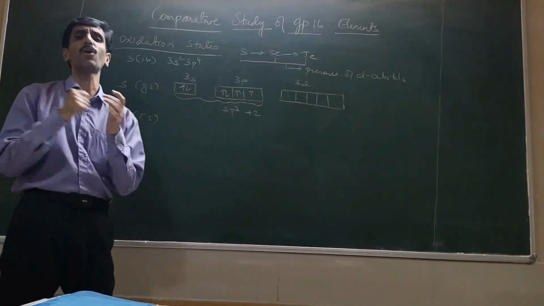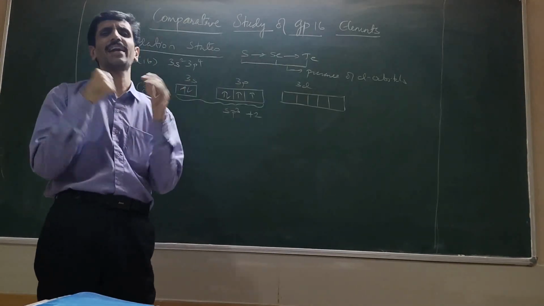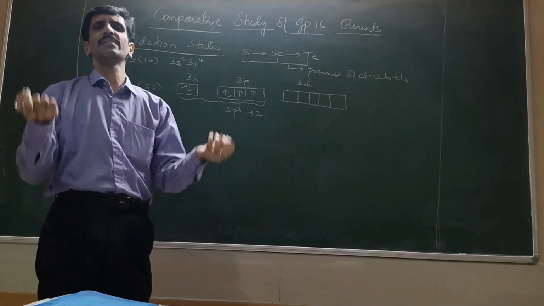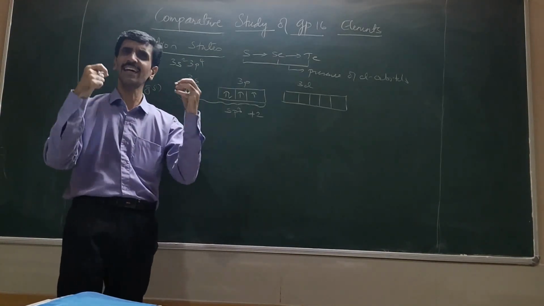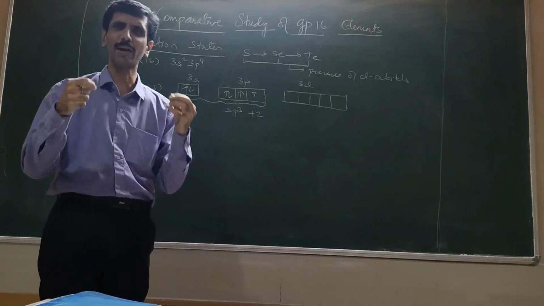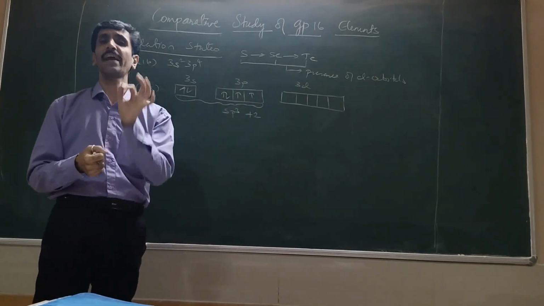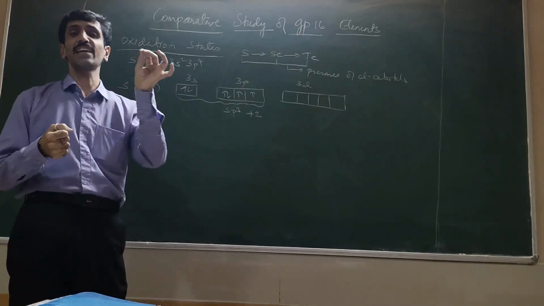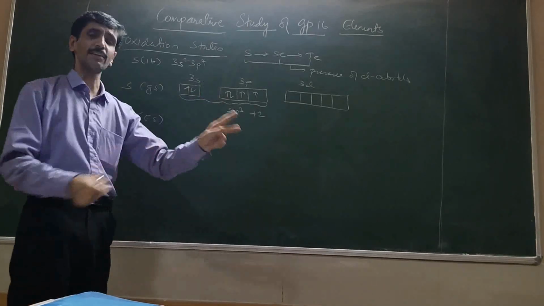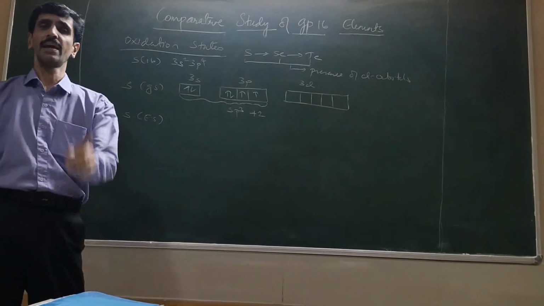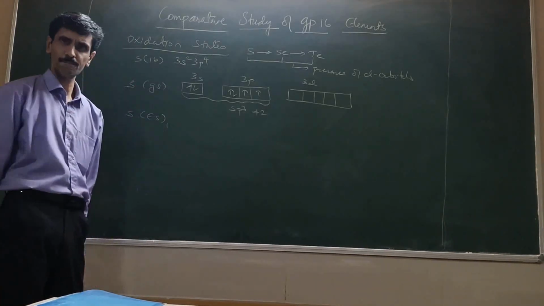If you want to find out how many excited states are possible for a particular element, then in simple words, the number of pairs of electrons present in the ground state is equal to the number of excited states. Once again I repeat, the number of electron pairs in the ground state is equal to the number of excited states. Here there are 2 pairs, therefore, my friends, we will get 2 excited states, excited state 1 and excited state 2. So first we will consider excited state 1.